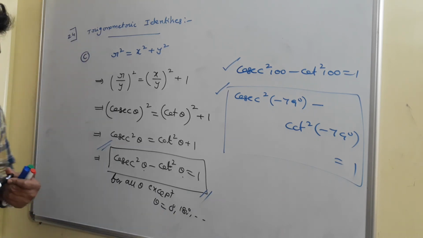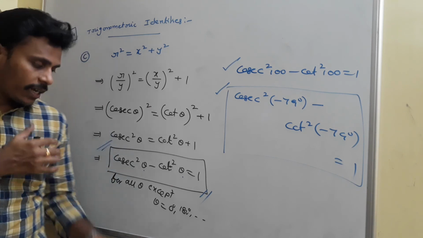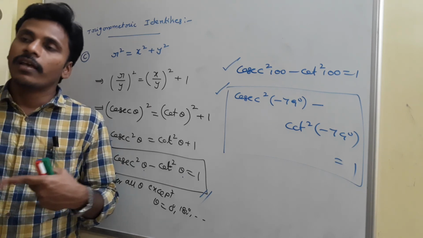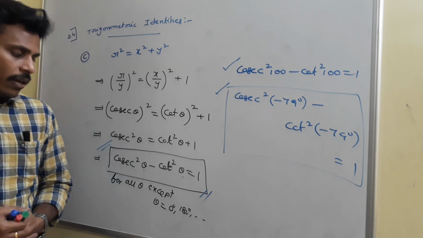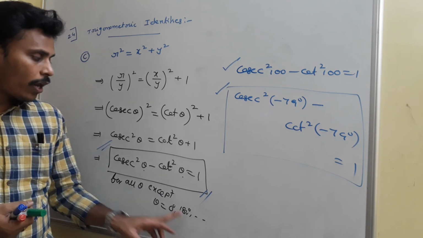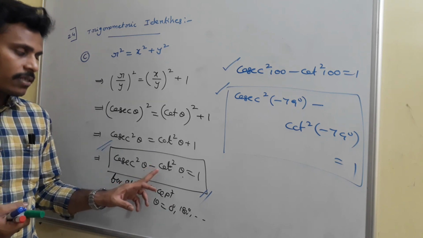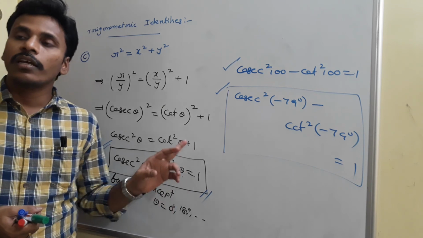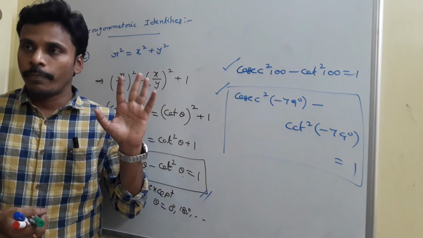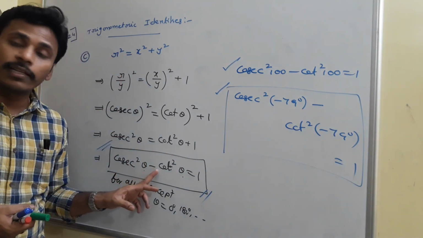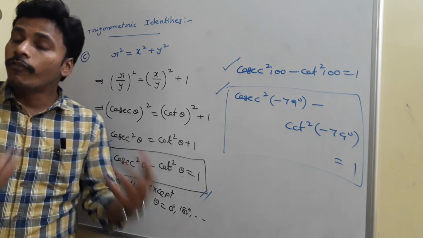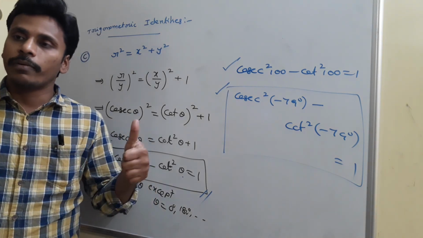Because for these angles, the terminal rays correspond to the x-axis where the y value is 0. In that sense, cosecant square of 180 degrees minus cot square of 180 degrees is equal to 1 is a wrong statement, because this identity fails for these angles. And for all the remaining angles, it is 100% correct.